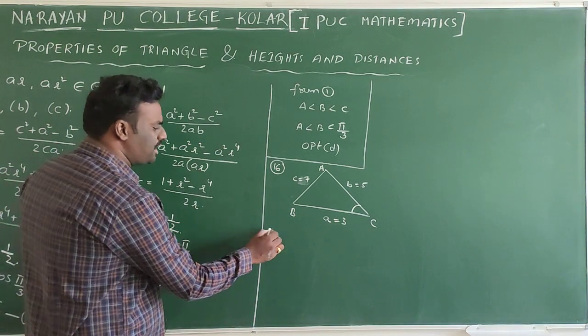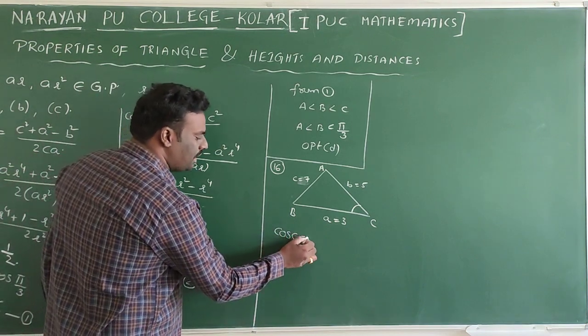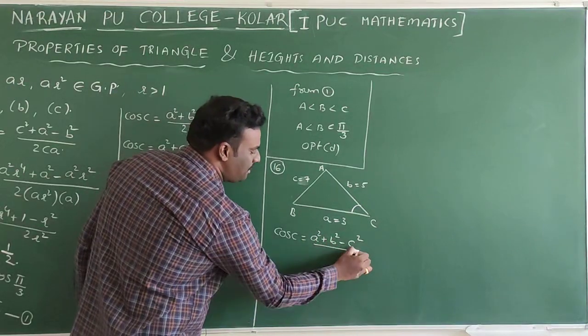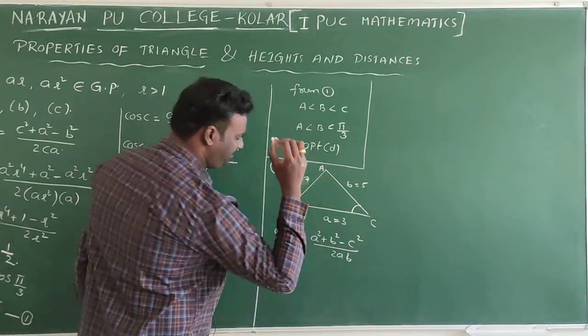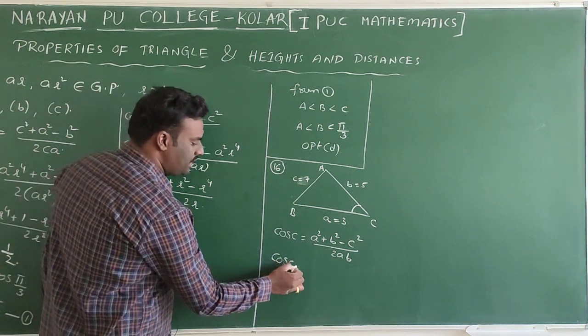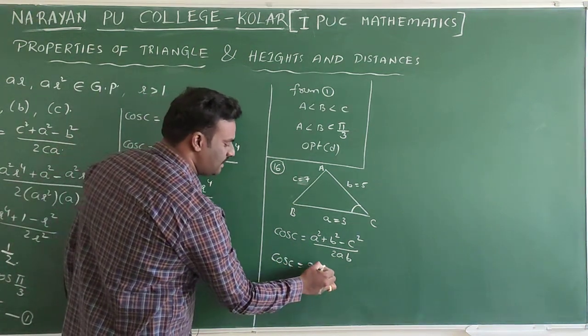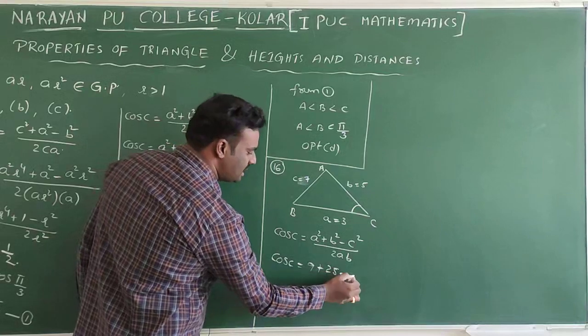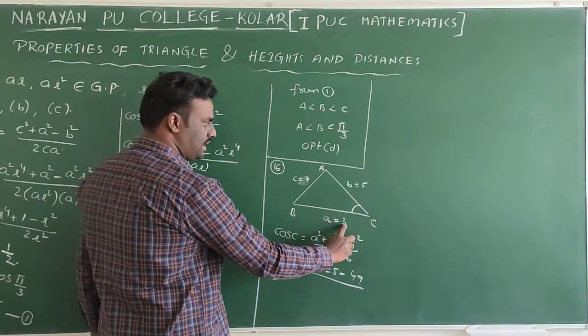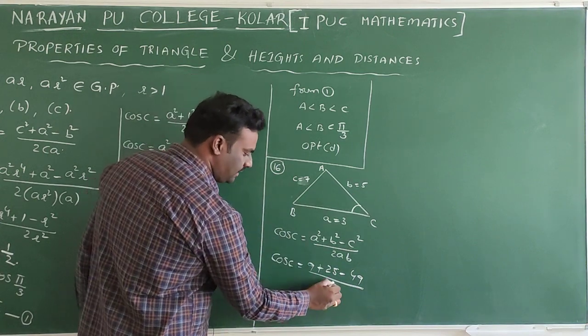Indirectly, we need to find angle C. I am applying the cosine rule. Cos C equals A square plus B square minus C square by 2AB. Now cos C equals 3 square 9, 5 square 25, 7 square 49 by 2 into 3 is 6, 6 into 5 is 30.